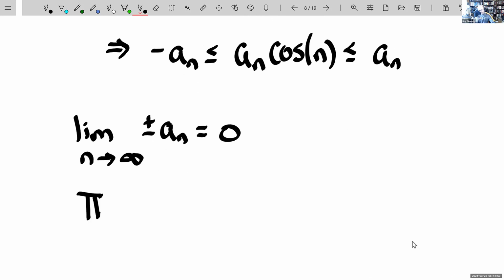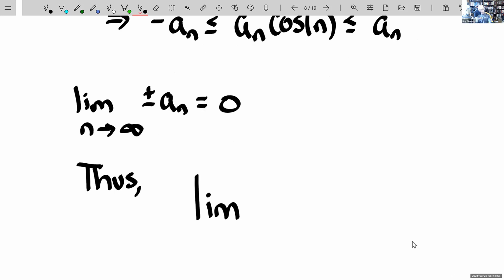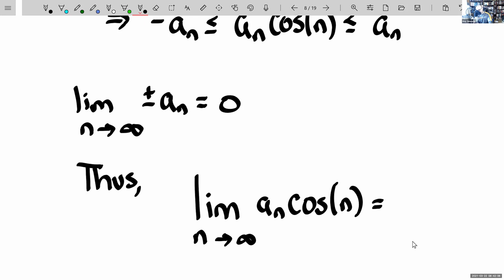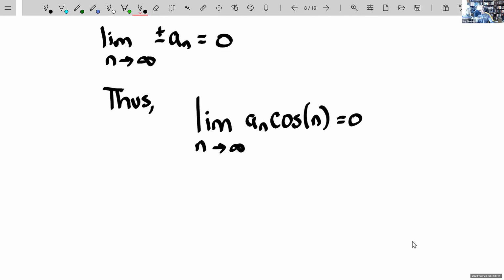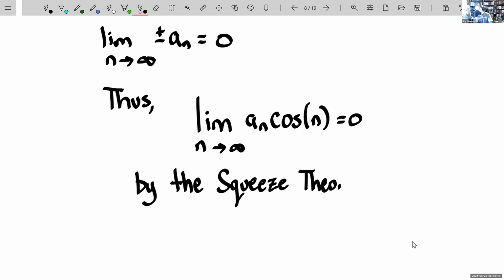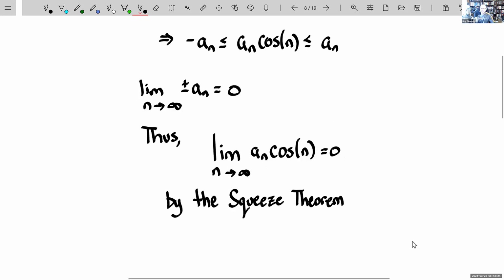Thus the limit of what's between negative and positive a sub n, which is a sub n cosine of n, must be 0. Not because a sub n is tending to 0, but because of the squeeze theorem. There we go. That's how you would do a problem like that.